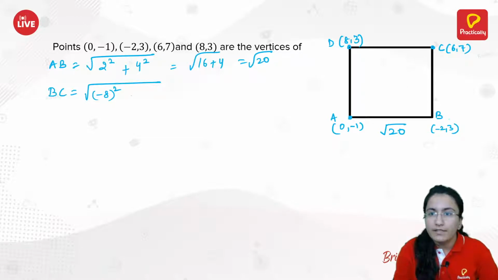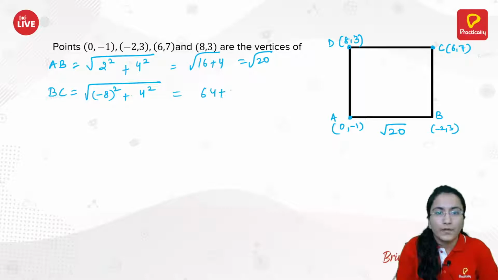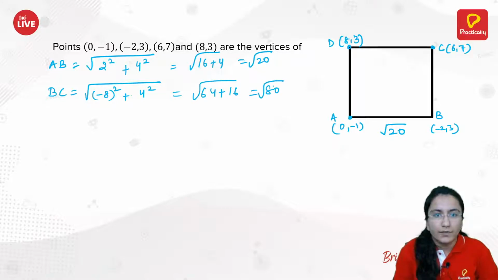So next, 3 minus 7, that is minus 4, so you have 4 square over here. That means 64 plus 16, under root of this, that means under root of 80 you have. I have written it in the correct order.